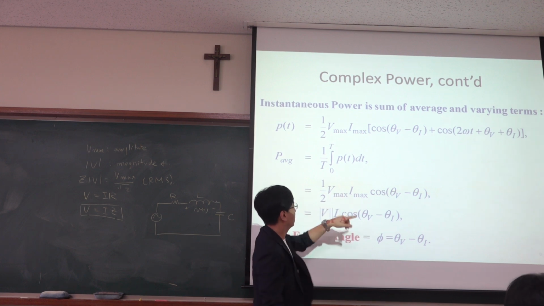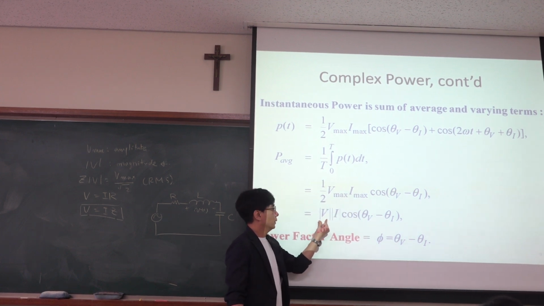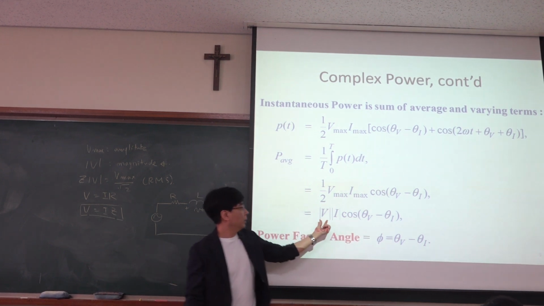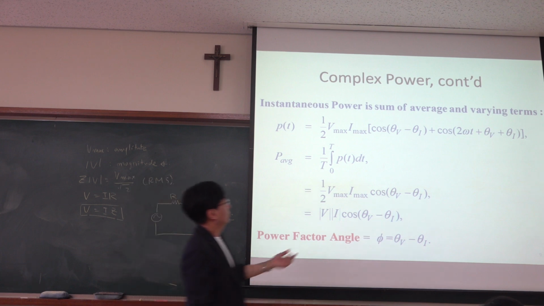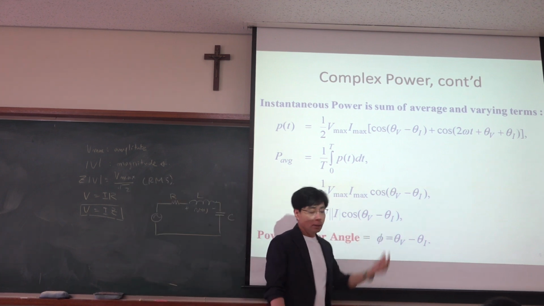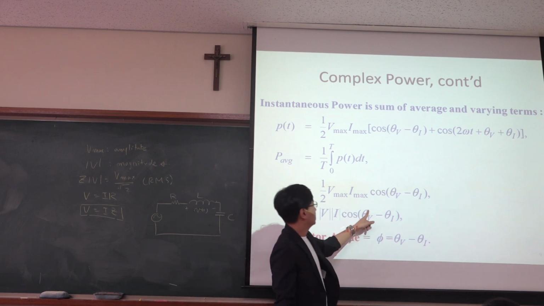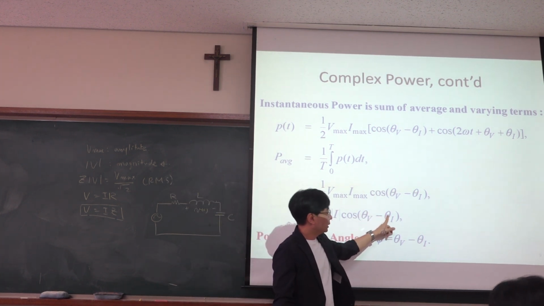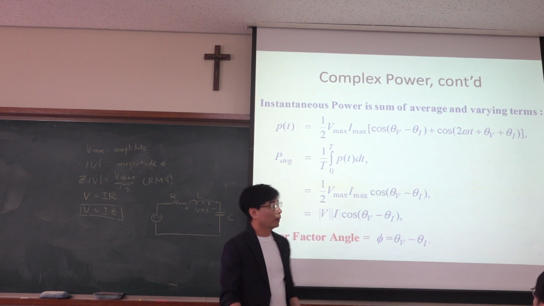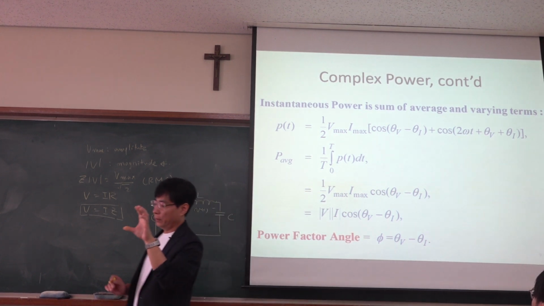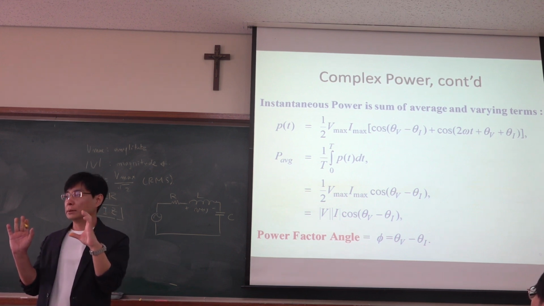And this part is the multiplication of the magnitude of the voltage and the magnitude of the current, and this cosine term, where we have zeta V minus zeta I. Let's see what happens if zeta V and zeta I are the same.